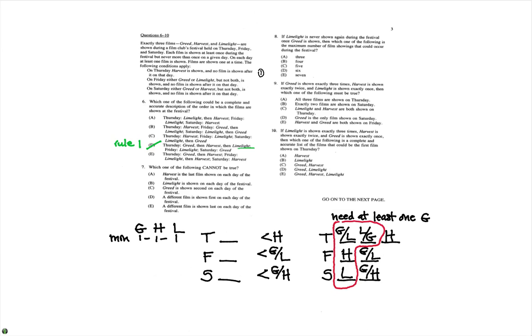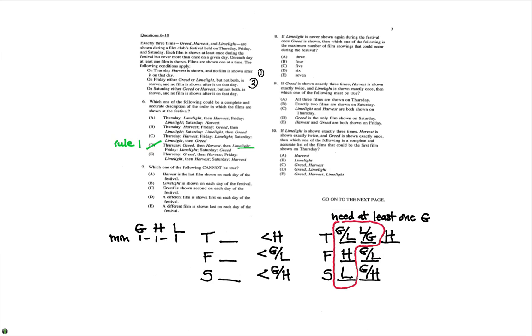So now let's go to the next rule. On Friday we have either Greed or Limelight, but not both, and no film is shown after it on that day. So now we have our second rule. Let's see which answer choices violate rule 2. So A, on Friday we have Limelight.